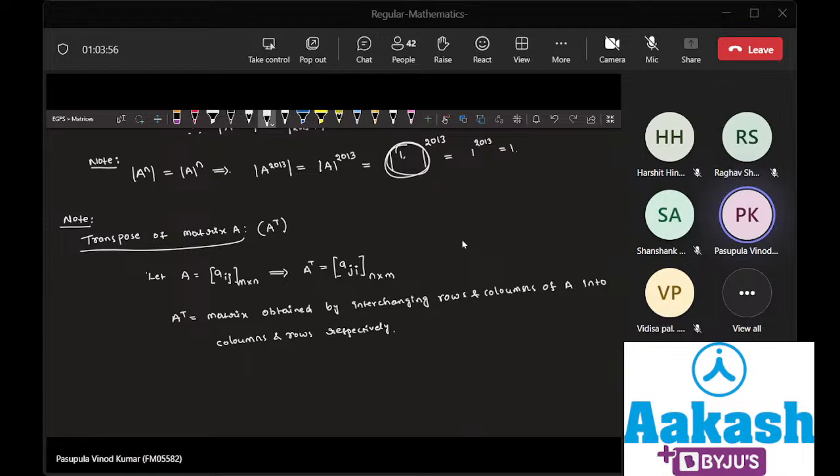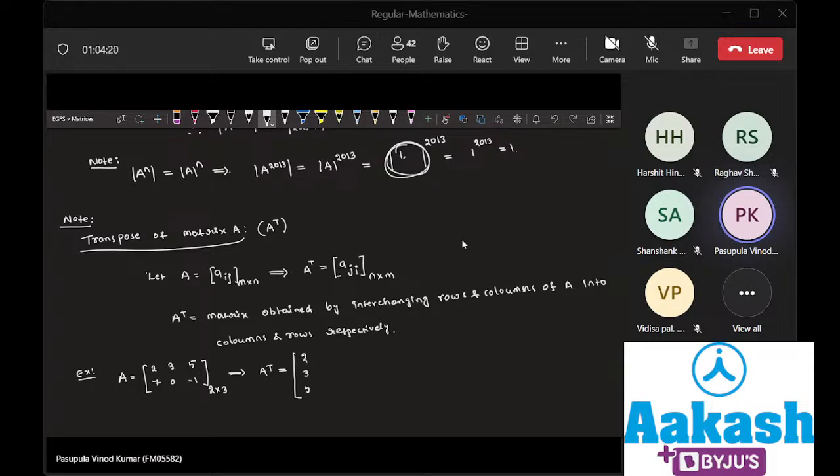For example, to understand this properly, A is equal to 2, 3, 5 and 7, 0, minus 1. This is A. What is A transpose? The order is 2 by 3. The first row is 2, 3, 5, so this becomes the first column.